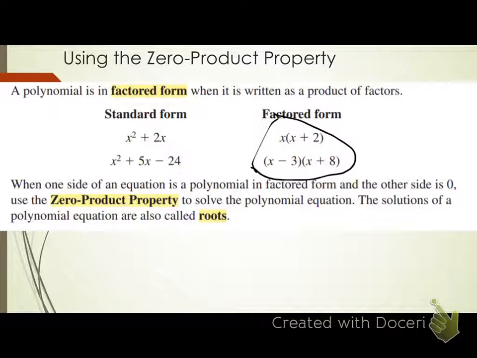And we multiplied them out to get our standard form over here. Everyone okay with that? So they're starting out in standard form, factoring them, and getting it in the factored form. So today they're already going to be factored for us, so we don't have to focus on that today. We're just going to be solving equations of this form over here, this factored form. Everyone okay with that?